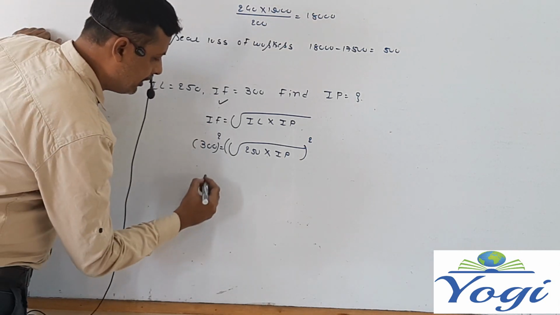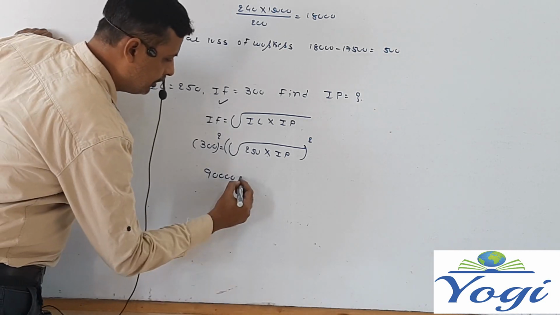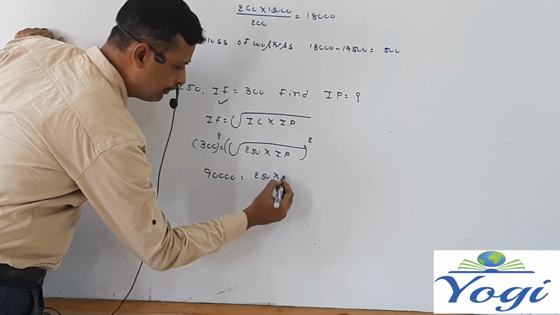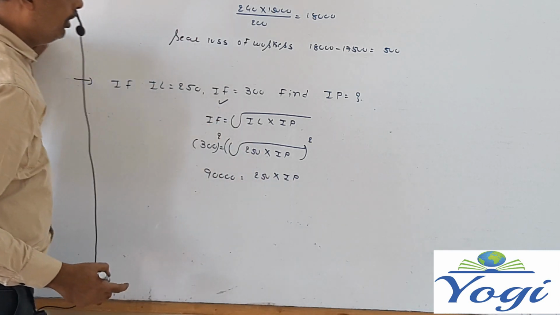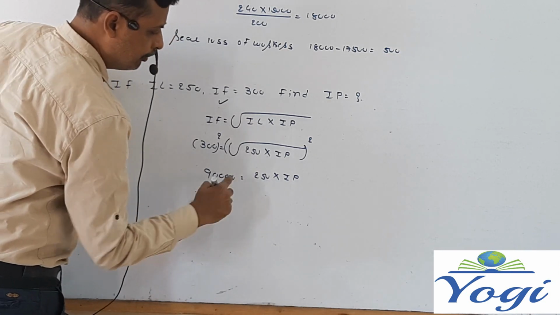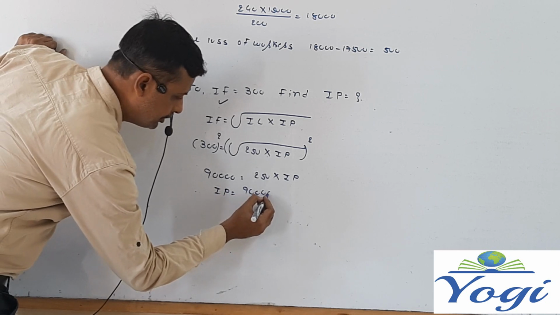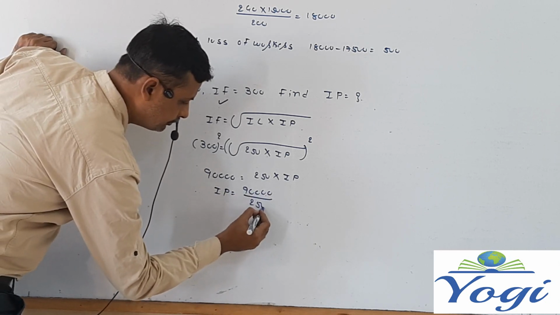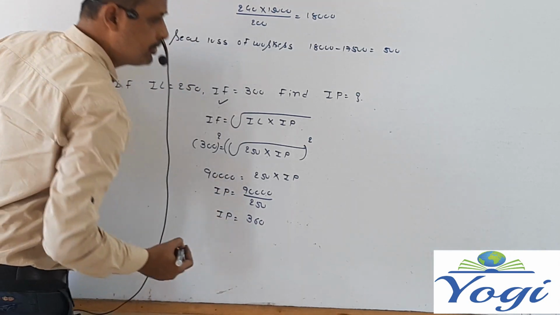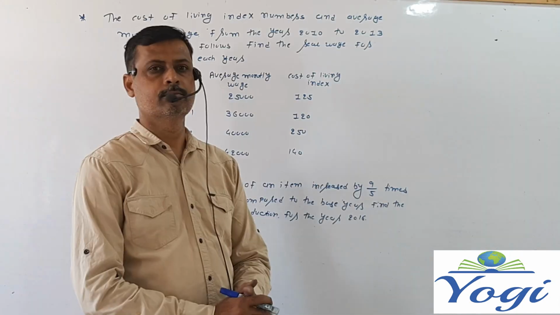So 300 square becomes 90,000, and after squaring, the root is removed. Now 250 is related by multiplying, so if I take it across, multiply becomes divide. So IP is equal to 90,000 upon 250. So the past index is 360.